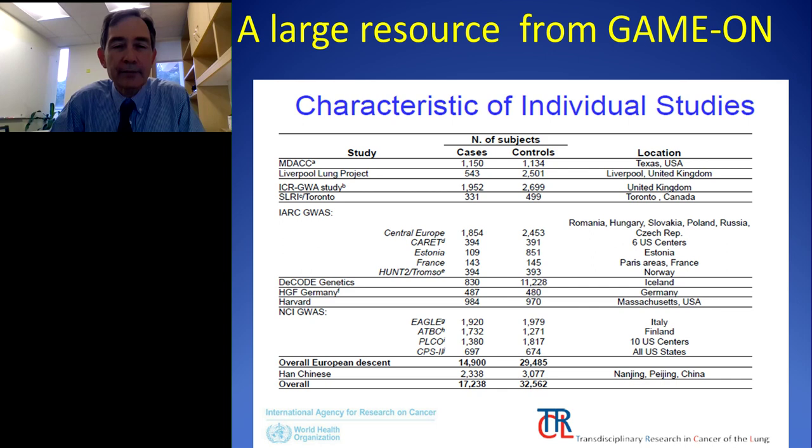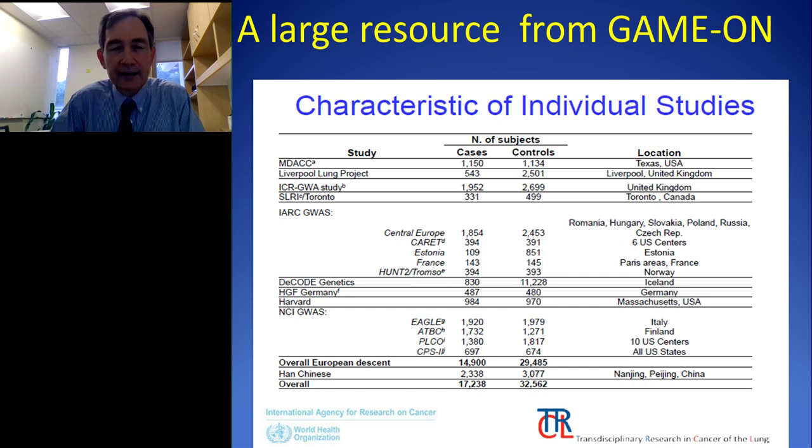One thing about these kinds of studies is, as I mentioned, the variants that we're seeking to identify are common, so that's a good thing, but they tend to have low effect sizes, and therefore we have to have very large sample sizes to collect enough individuals to be able to detect those low effect sizes.